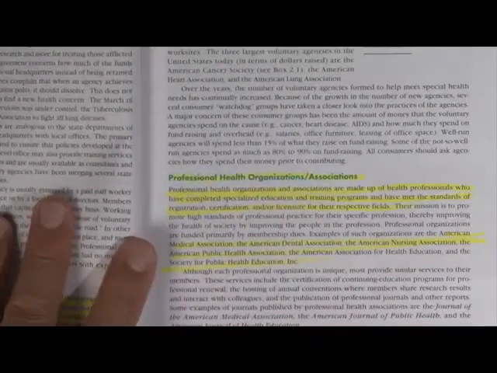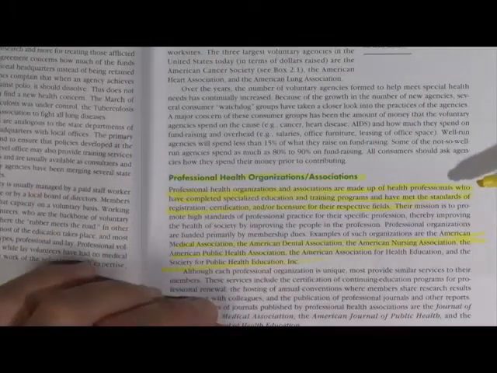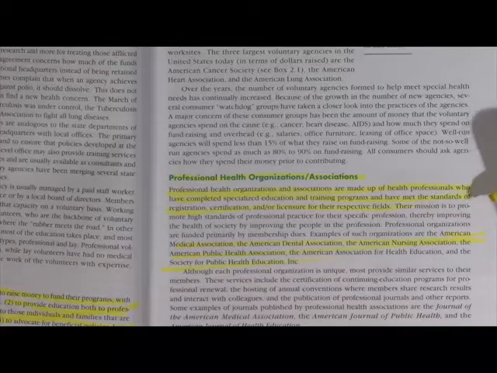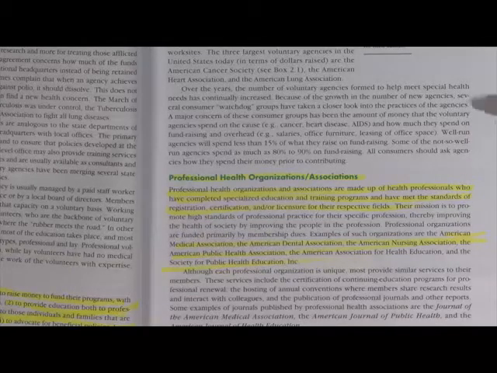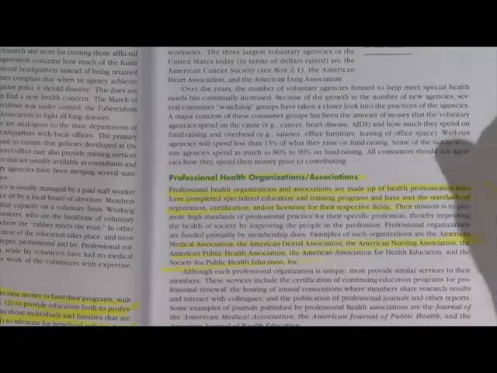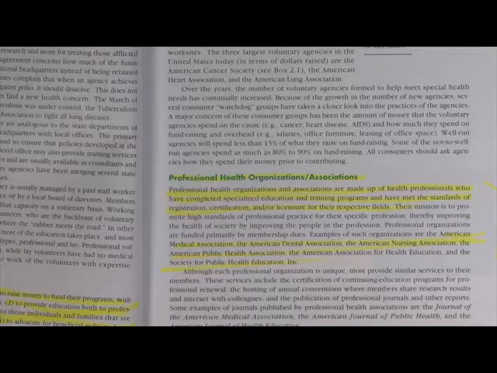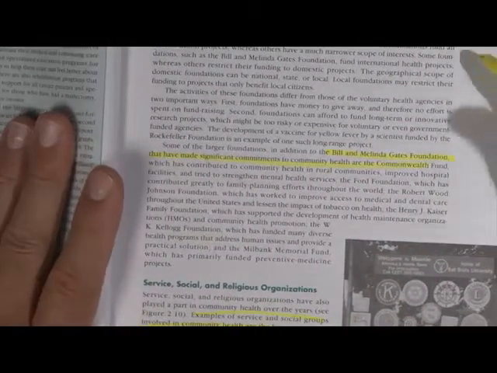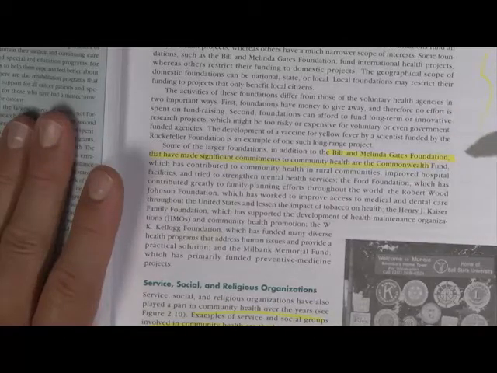Page 55, you'll go into the professional health organizations, and the examples are the American Medical Association, Dental Association, Nursing, American Public Health Association. These are the organizations for the various professionals. 57, we go into the charitable organizations.